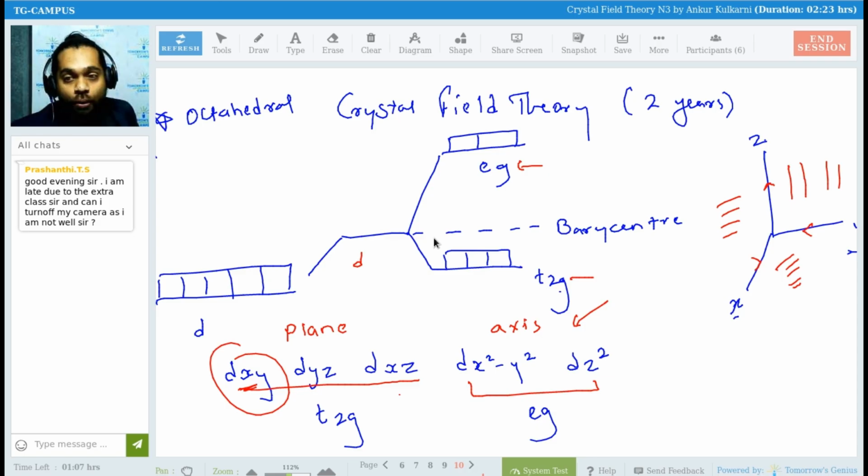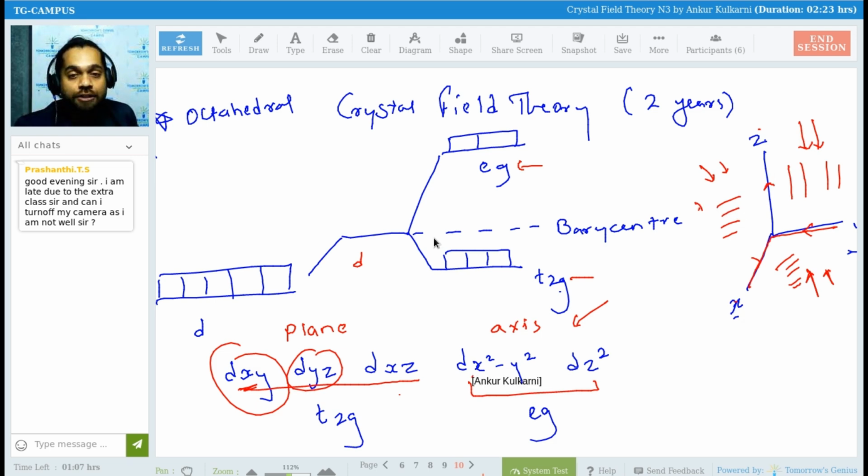Where is the XY plane? Over here. This is the X axis, this is the Y axis, so this is your XY plane. Then we have YZ, this plane. This is in the YZ plane. Then XZ means between the X axis and Z axis there is a plane. That is why we call it a plane.